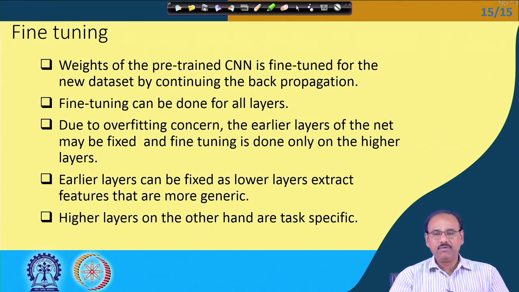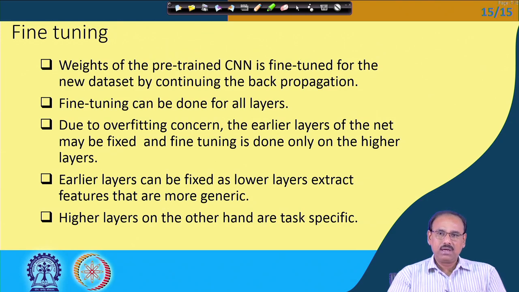And when you are going for fine tuning, obviously the algorithm that you have to use is the backpropagation algorithm. So, what you do is you take the parameters from a network which is already trained on some application. I have my new neural network which is to be applied in some other application.